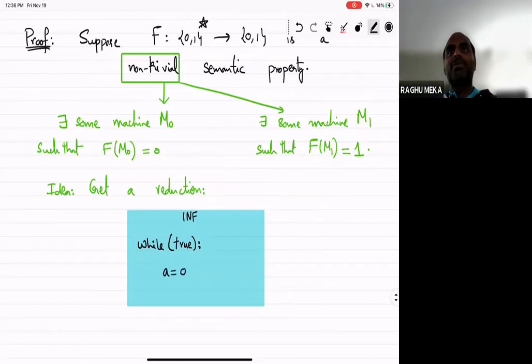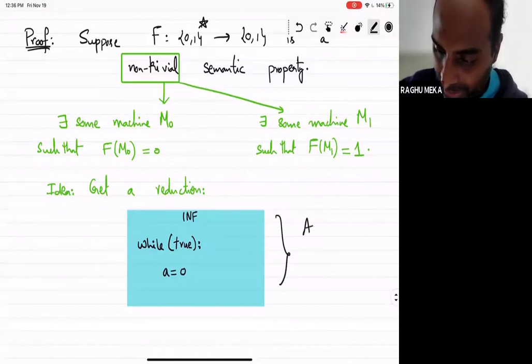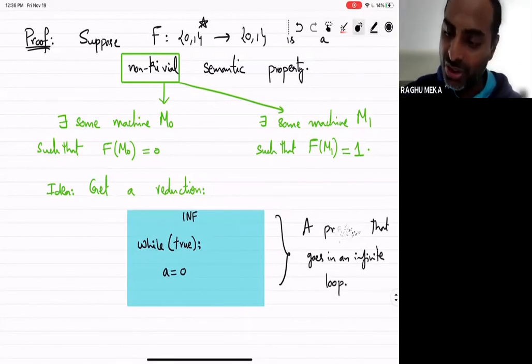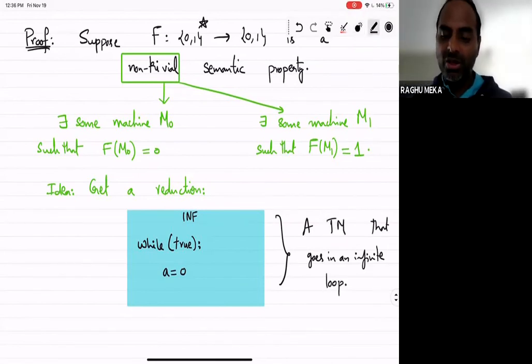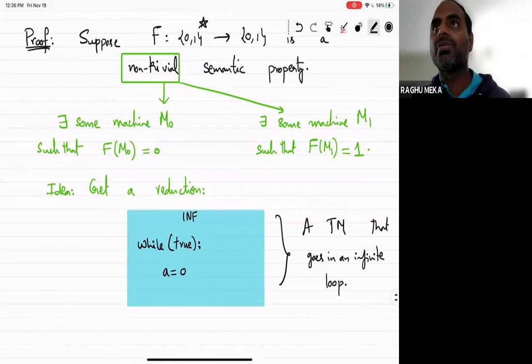I'm just writing a equals 0 as a placeholder. A Turing machine that does not halt. Pick any Turing machine that does not halt on any input. You give it some input, it completely ignores that input and just goes into a loop. So it does not halt on any input.